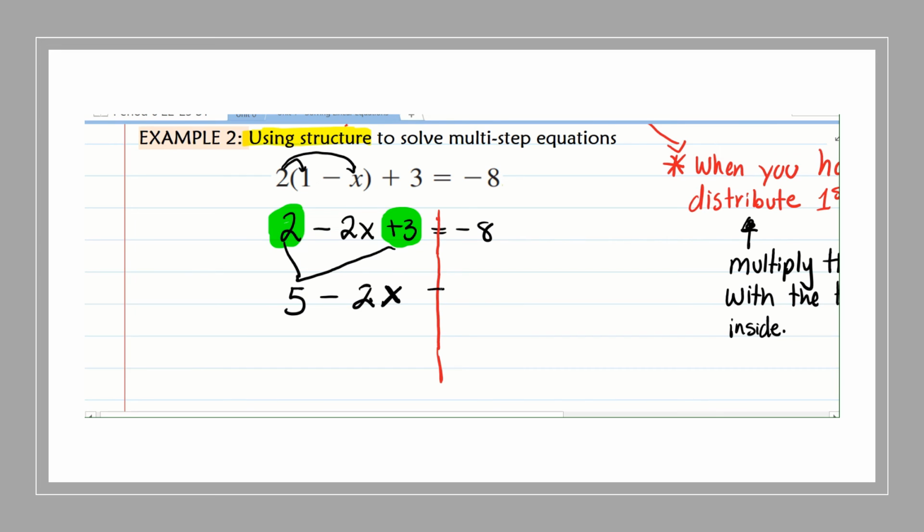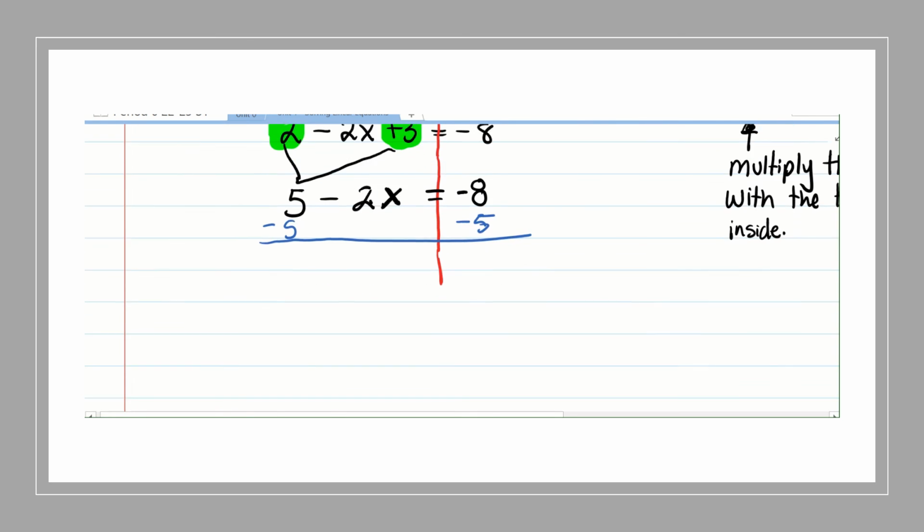All right, so let's write down the rest of the problem there. And then we're going to start doing inverse operations to isolate our variable. So we're going to do -5 on both sides to undo the +5 there.